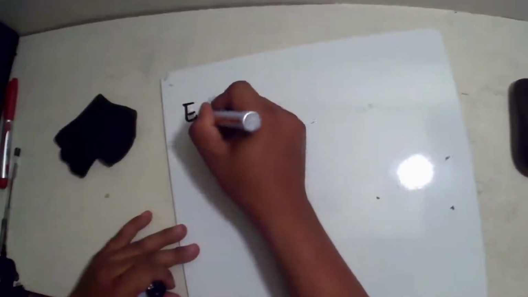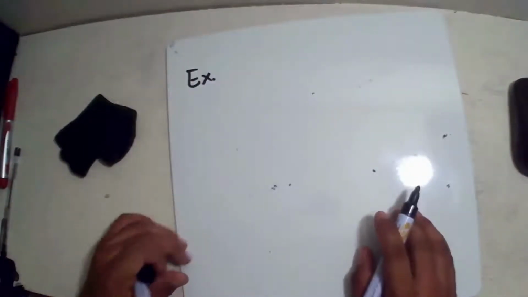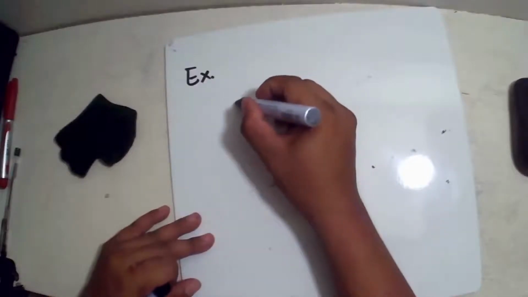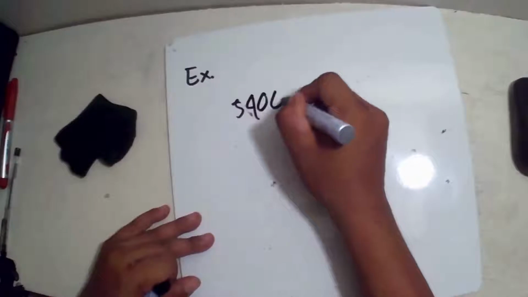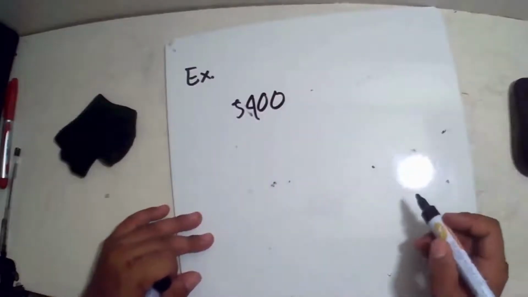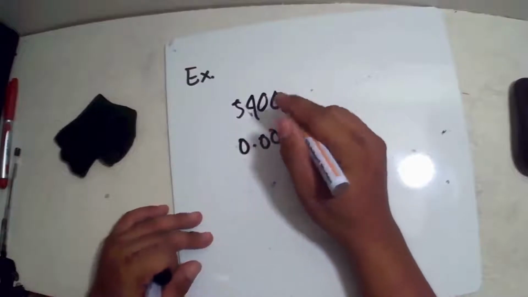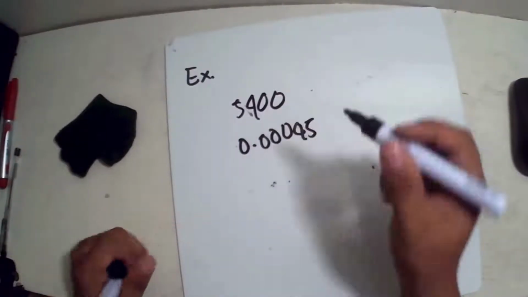Example, we have a series of numbers, like for example this one, 5400, and 0.00045.